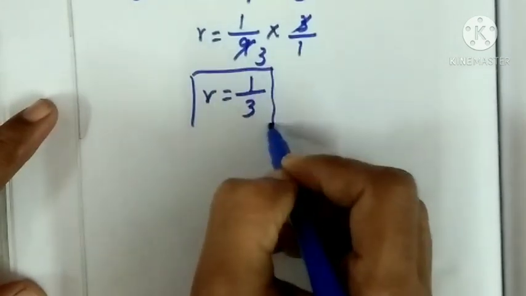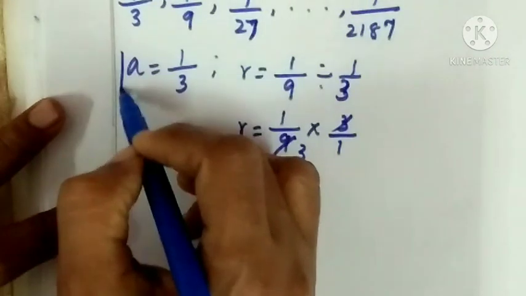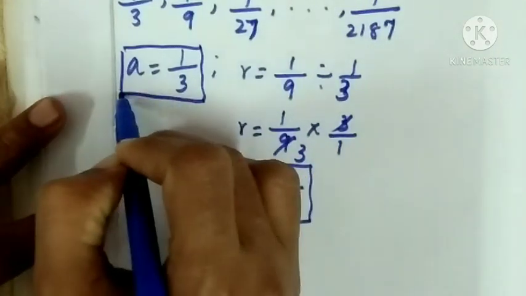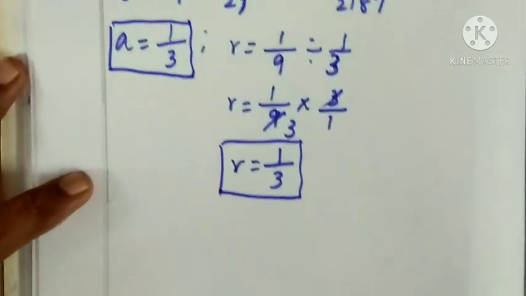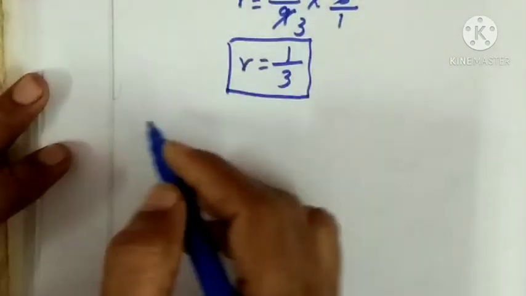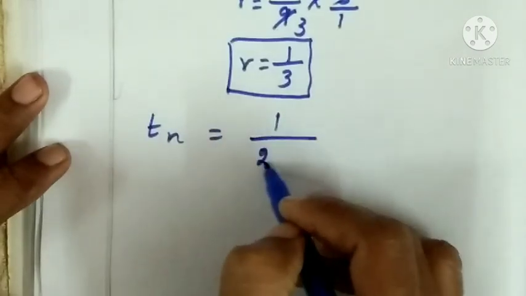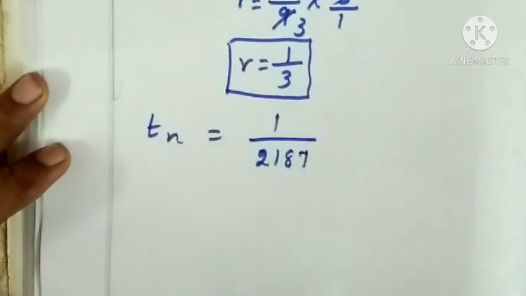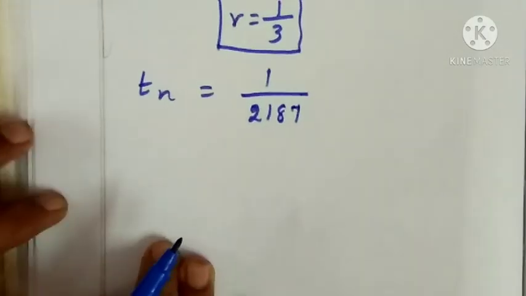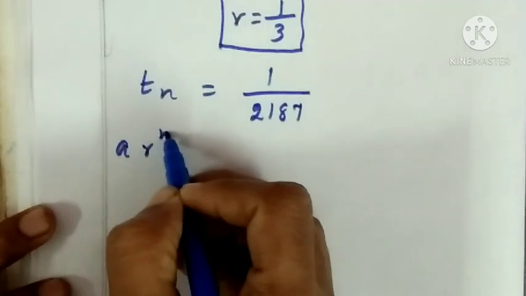Now we have common ratio R 1 by 3 and first term A 1 by 3, and the nth term is also given in the question, that is Tn is equal to 1 by 2187.